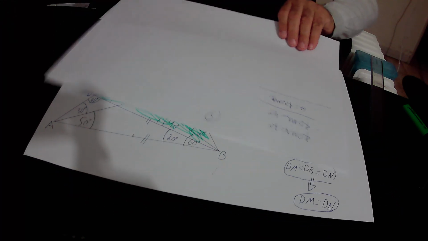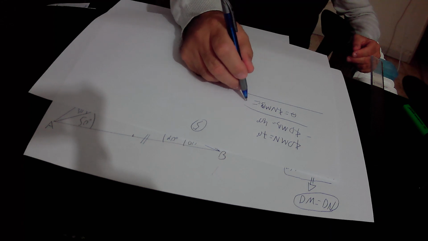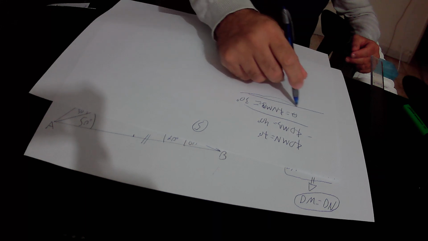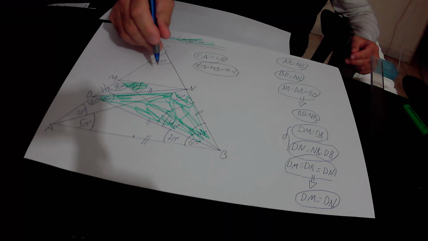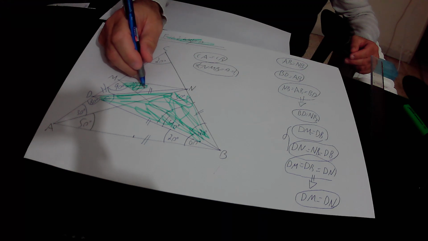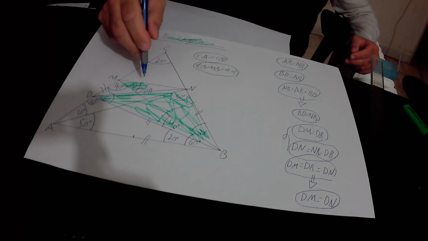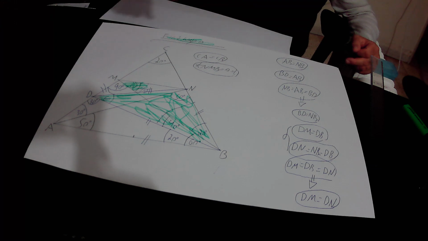So we finally found out that theta, the angle we are looking for, also defined as angle NMB, equals 30 degrees in size. And that is the answer to the question.